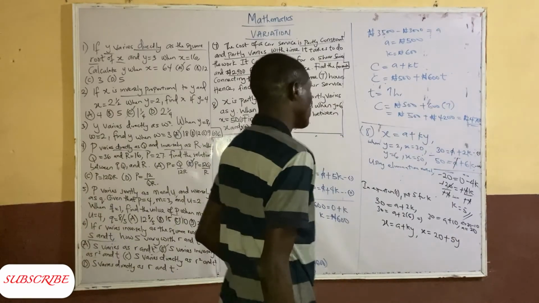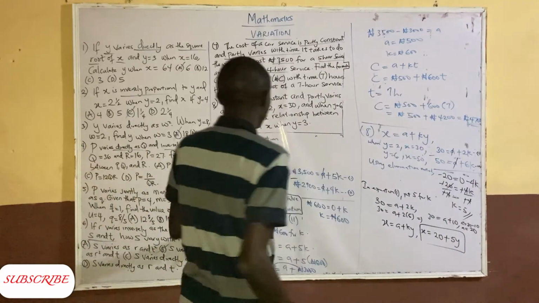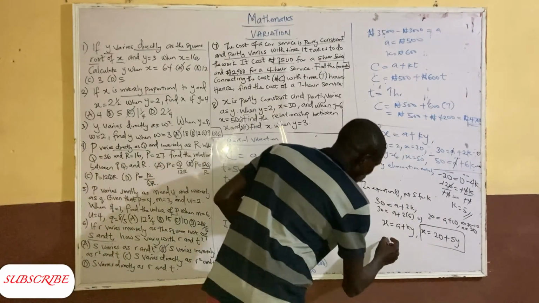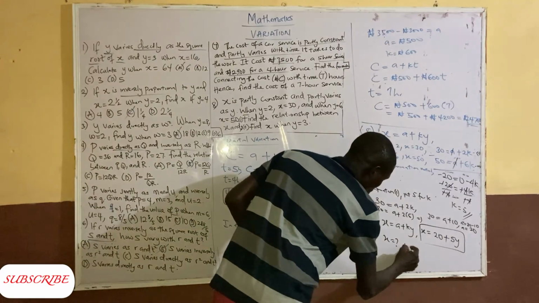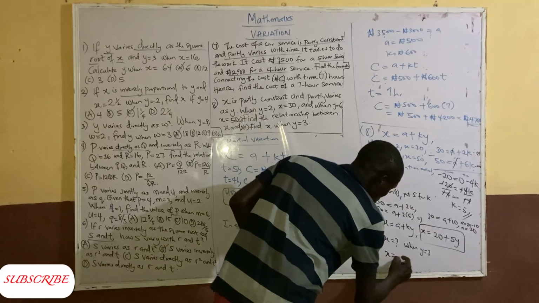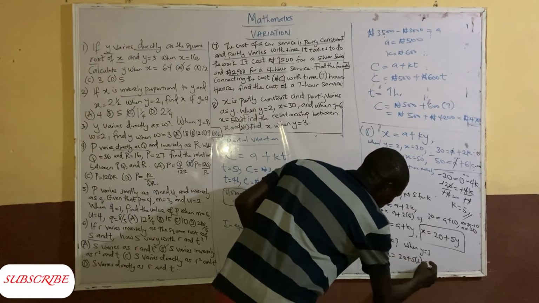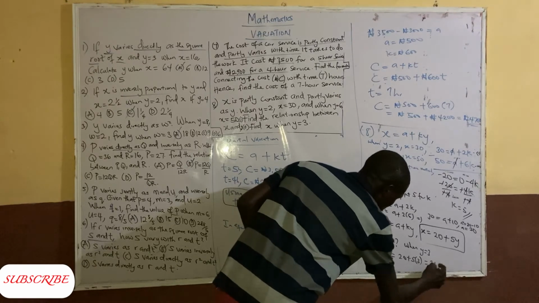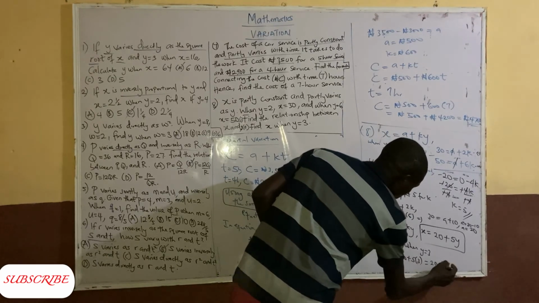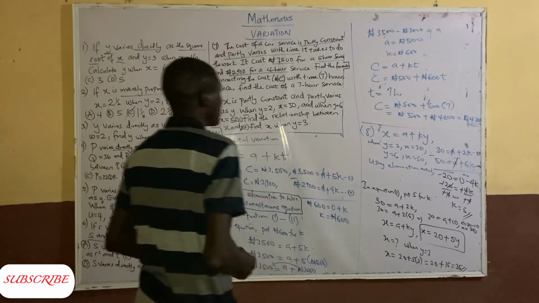So 20 plus 5Y, that's the relationship here. Then we have to find X when Y is equal to 3. So X is equal to 20 plus 5 into bracket 3. So we have 20 plus 15 equal to 35. So that's that. The answer is 35.